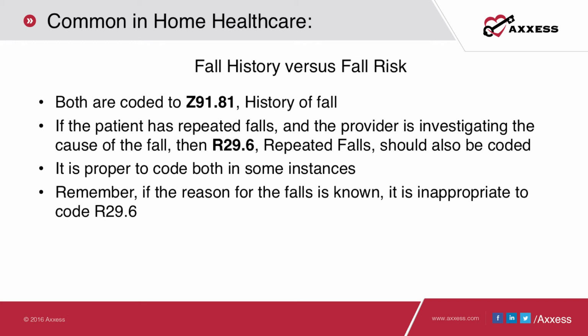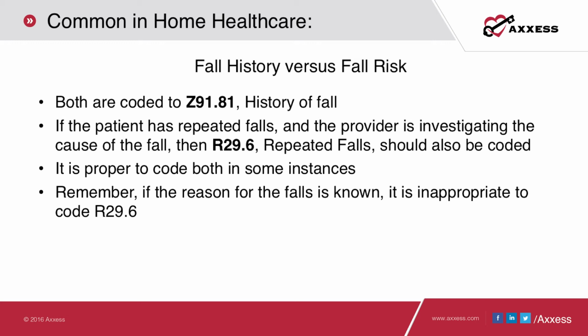Now, if the patient has repeated falls and the provider is investigating the cause of the fall, then you should also use R29.6, repeated falls, and it is proper to code both in some instances. Remember, if the reason for the falls is known, it is inappropriate to code R29.6.